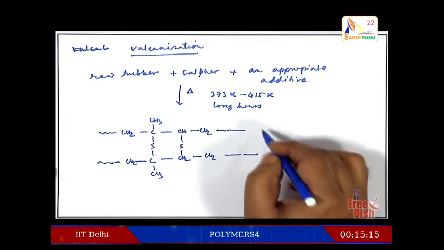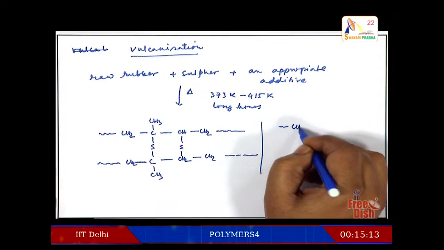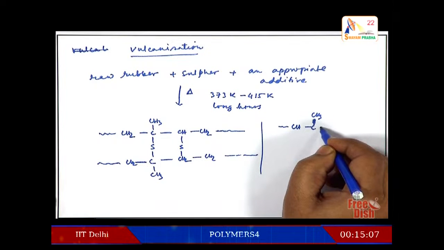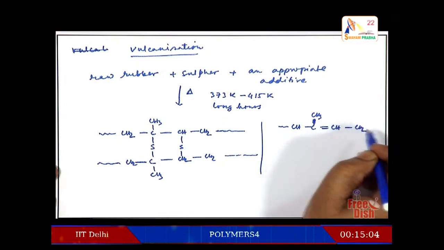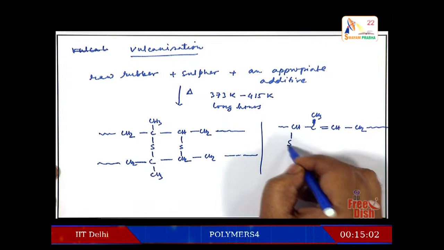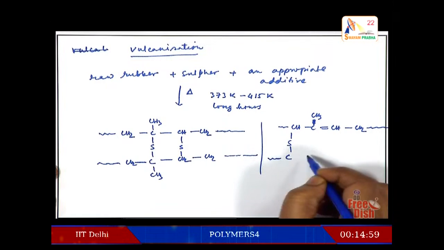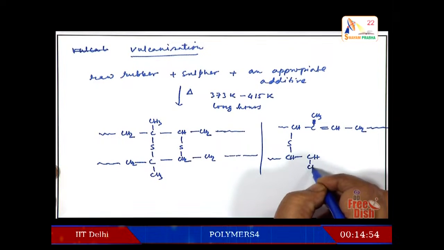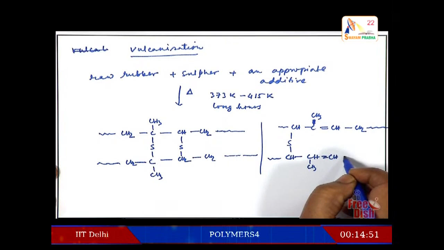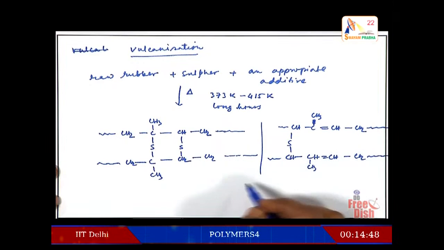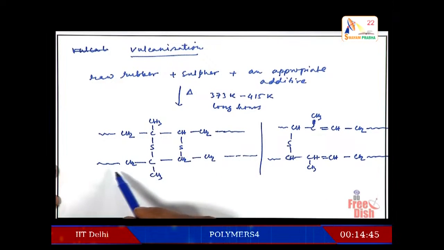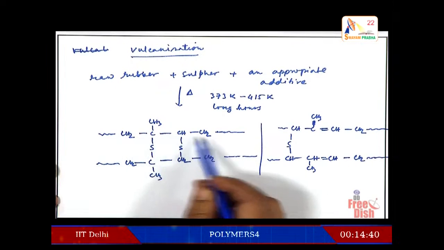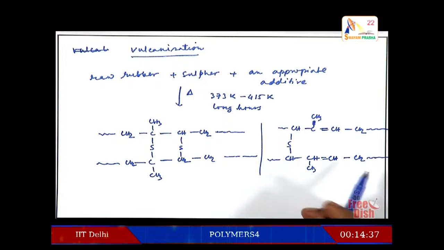The other possibility could be this. So, these are basically cross links between two natural rubber chains, which are nothing but polyisoprene, cis-1,4 polyisoprene, what we talked about earlier.